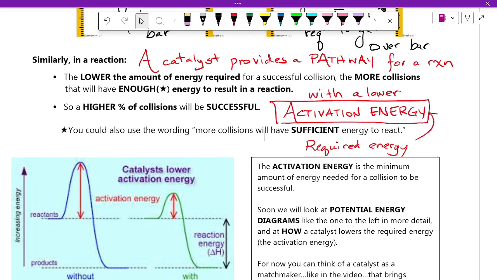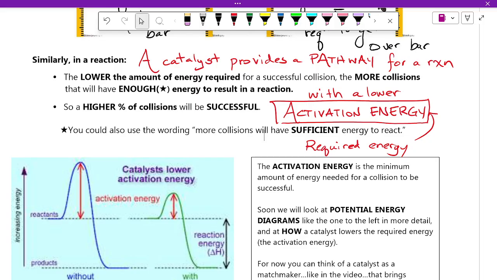Soon we are going to look at potential energy diagrams, which look like this. The reactants have a particular amount of potential energy just because they've got bonds and things, and any chemical you have has a certain amount of potential energy in it.